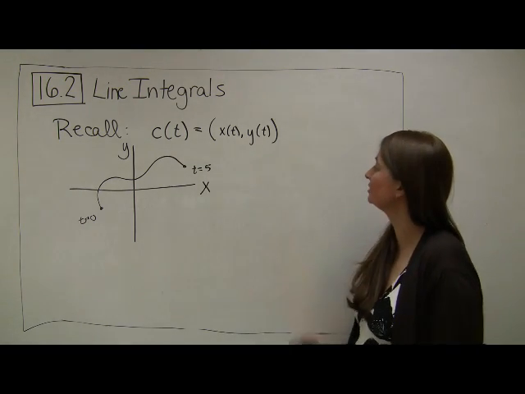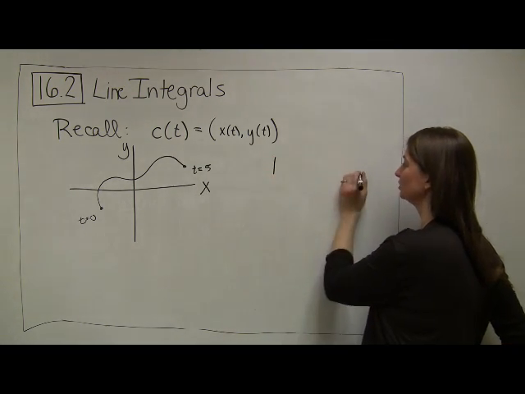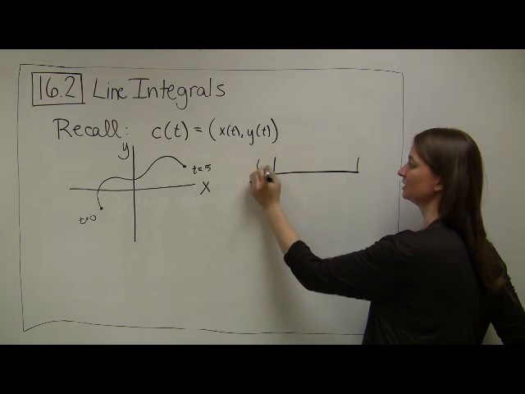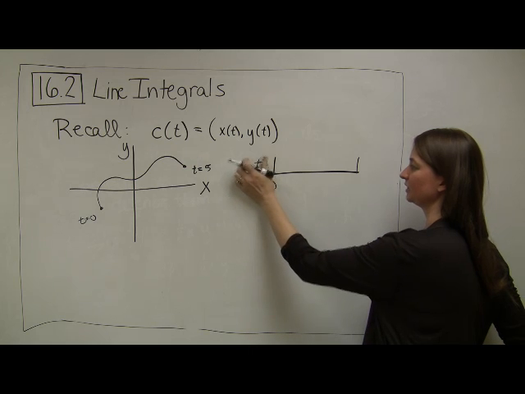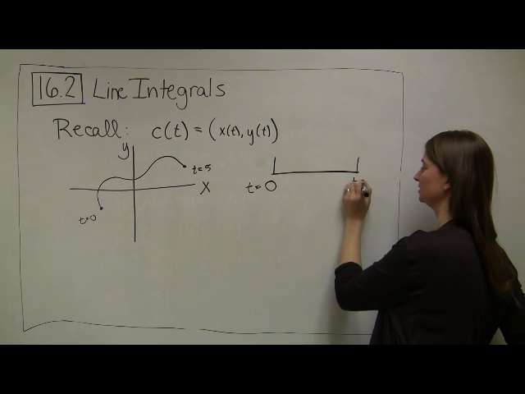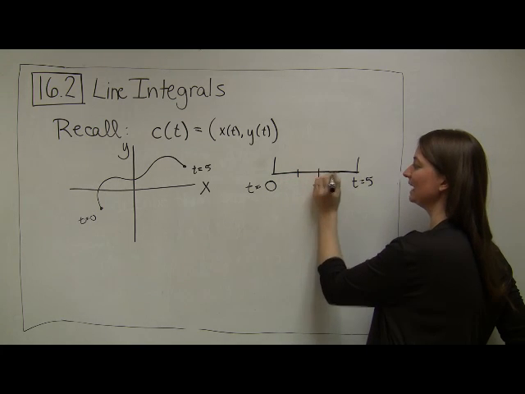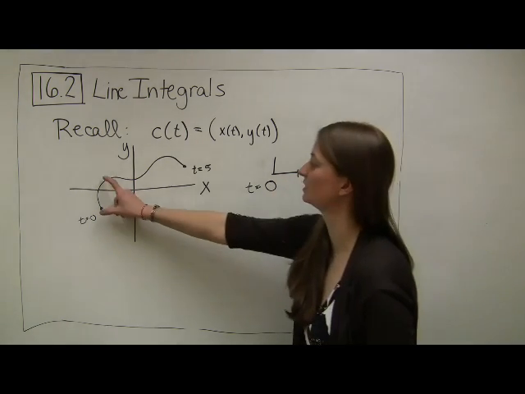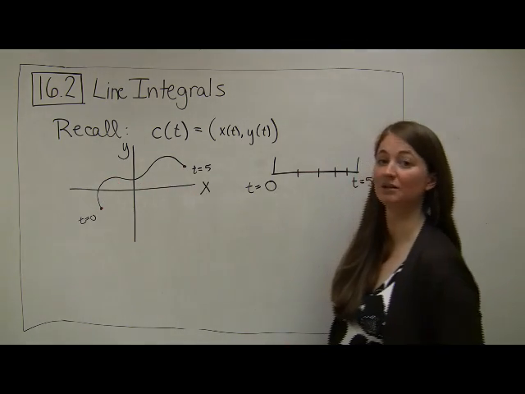So as t changes, and maybe I'll have a little grid here to keep track of my t values. My t values are going to go from t equals 0 to t equals 5. If I break t up into equally spaced increments, that doesn't necessarily correspond to equally spaced increments along this line.